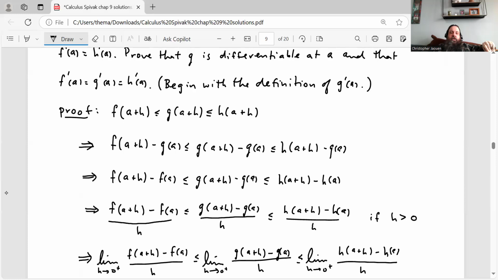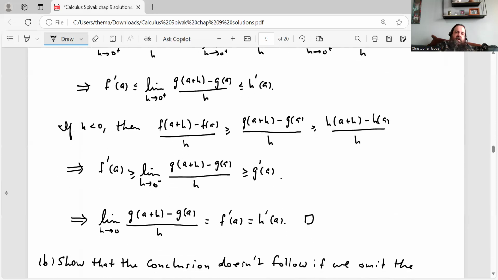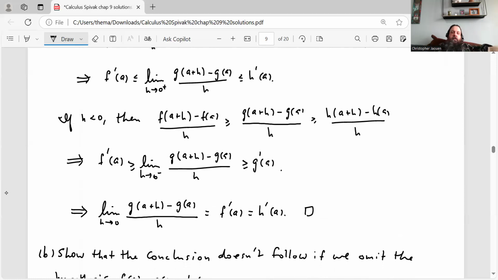But then g of a is equal to f of a and g of a is equal to h of a. So you get the next line. Divide everything by h, and that inequality holds for all those difference quotients if h is positive. If you take the limit as h approaches zero from above, you get that f prime of a is less than or equal to the right-hand derivative of g, which is less than or equal to h prime of a. A similar thing happens if you let h approach zero from below.